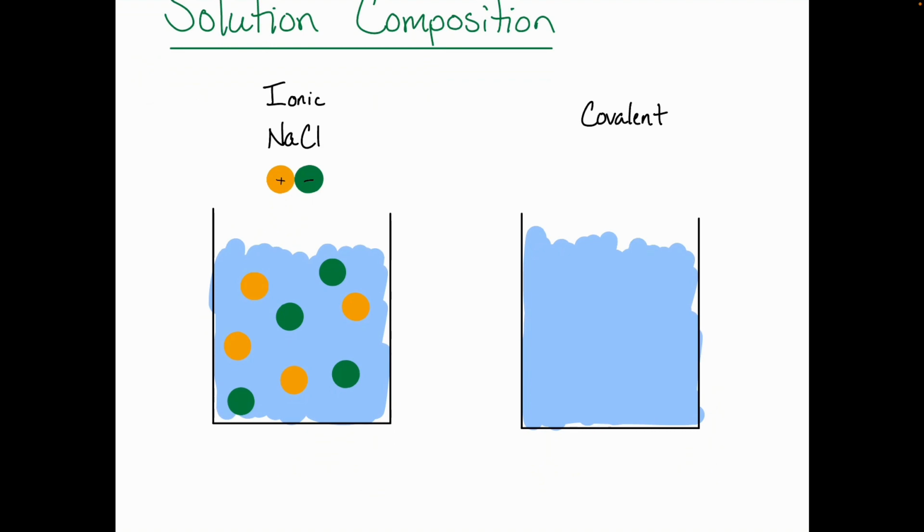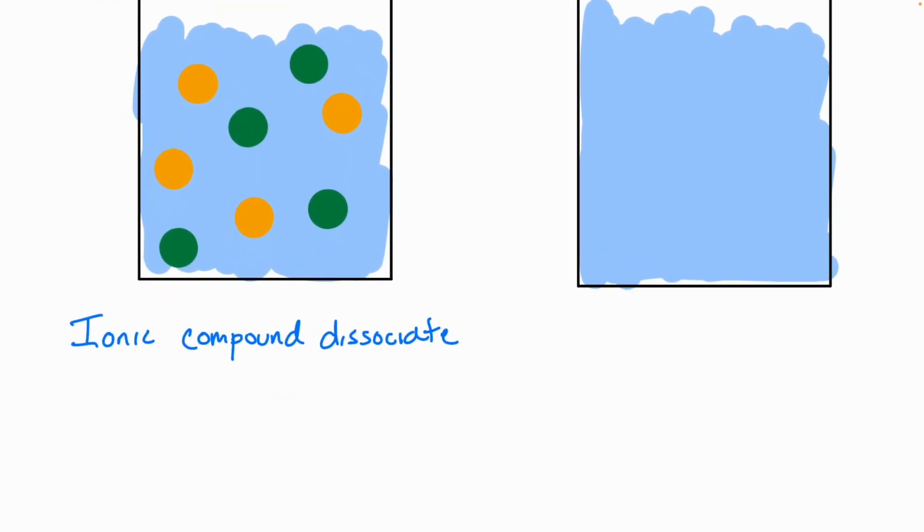Okay, so what we say is that ionic compounds dissociate, which is a fancy way of saying break up or break apart in solution.